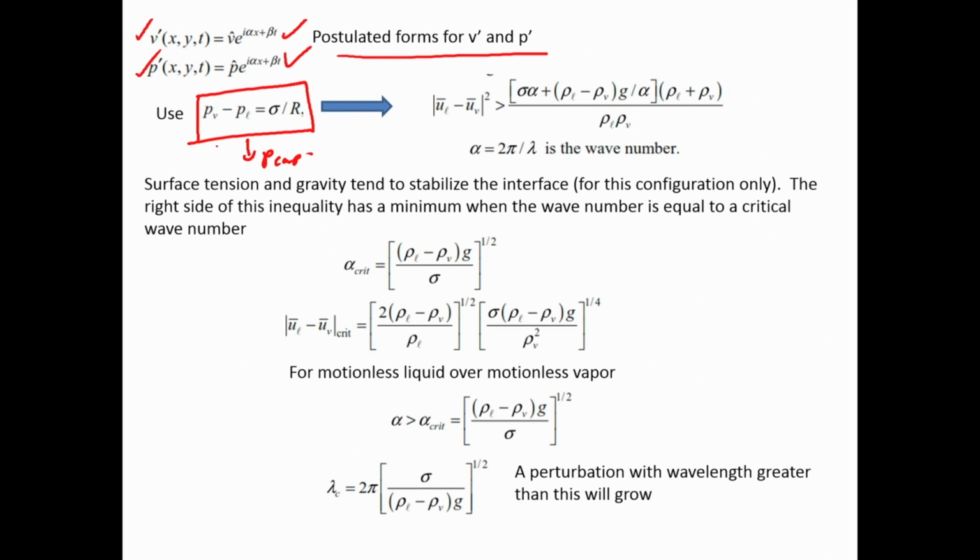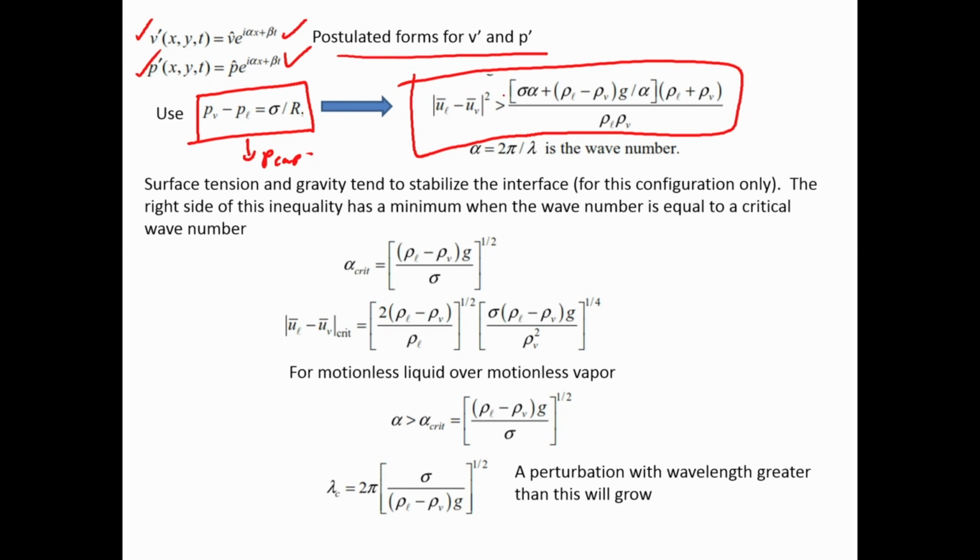Based on these postulated forms, one can show, and this is not a linear stability analysis class, so we are not going through the detailed math of how we arrive at this, that we get an expression like this. It is the square of the velocity difference between the two phases, not the perturbed, but the mean velocity, and you have taken the absolute value of that and squared it.